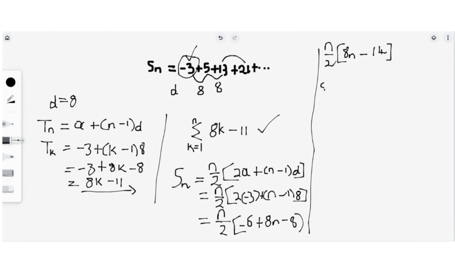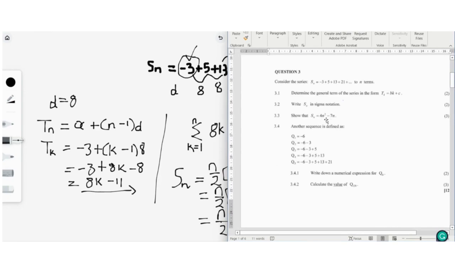All right, so our Sn is equal to, let's multiply: 8 divided by 2 is 4, then 4 times n times n is 4n squared, basic algebra. And then 14 divided by 2 is 7, and 7 times n is 7n. And we've proved what they needed.